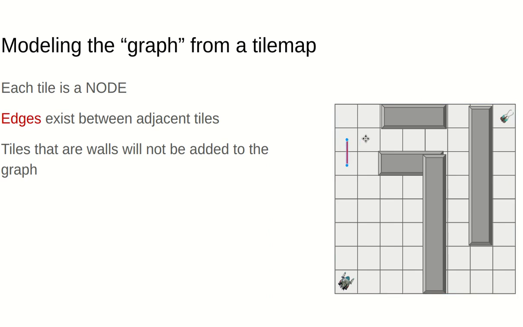If I have two walkable tiles next to each other, the edge would exist between them. If I have 2 tiles that are not next to each other, or blocked in this case, I would just not consider this node, and I wouldn't have an edge here. So when I start adding neighbors to my list, or children to my to-do list, I'm just not going to do that.